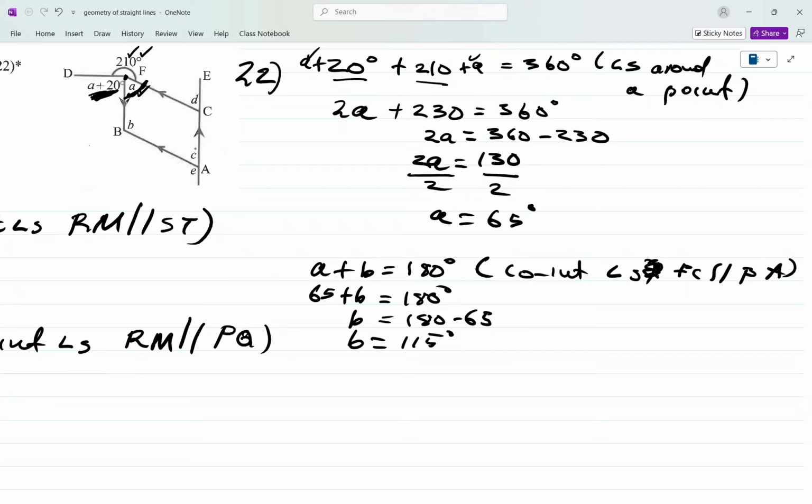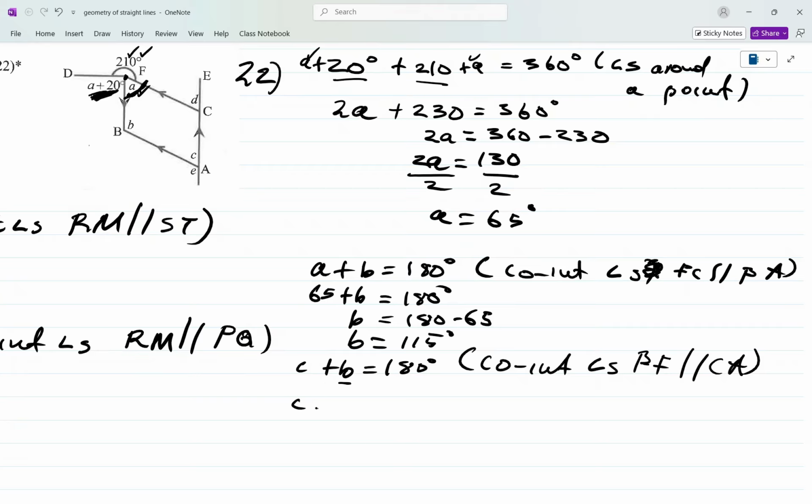And then I am now moving on to C. I will be saying C plus B is 180 also because of co-interior angles. And then BF is parallel to CA. And then I have found my B previously as 115.